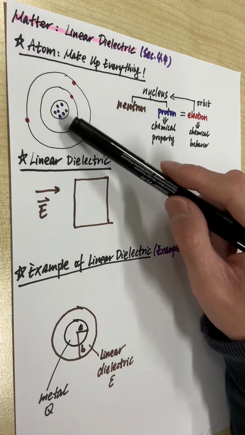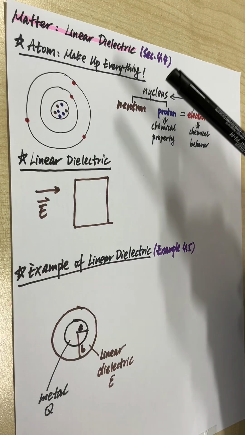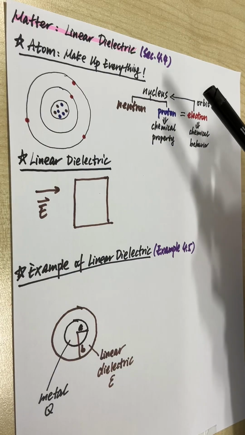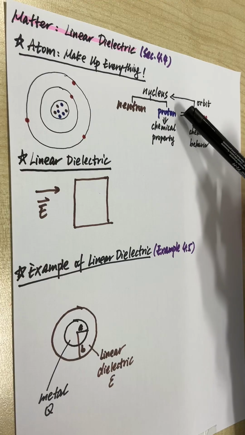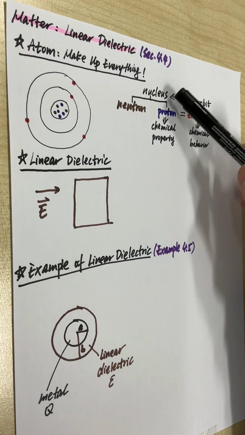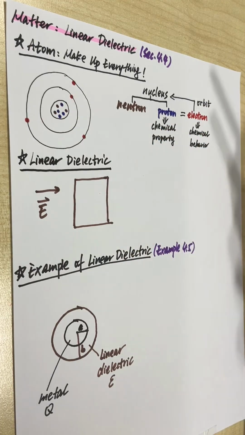Okay, so we have an atom here. We have a nucleus that includes neutrons and protons. Neutron has no charge and proton has positive charge. Ideally, we should have the same number of protons and electrons. Electrons orbit around the nucleus, around shells.